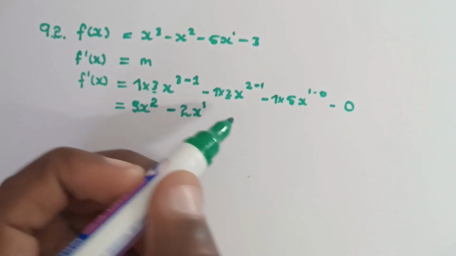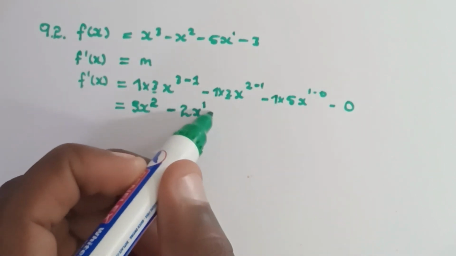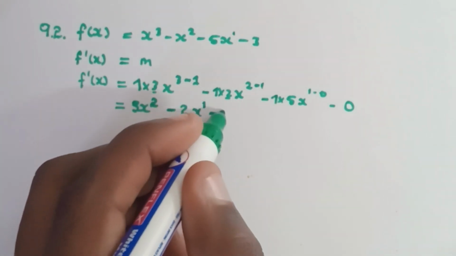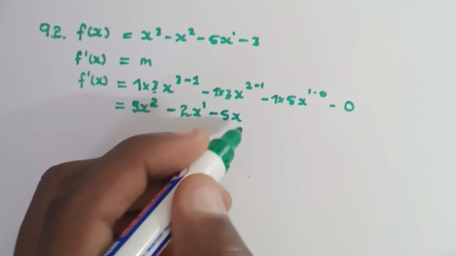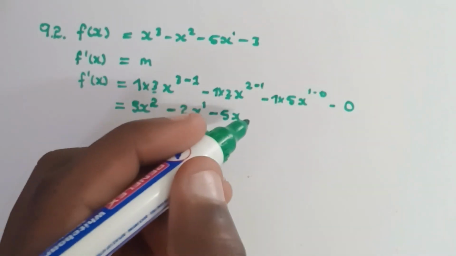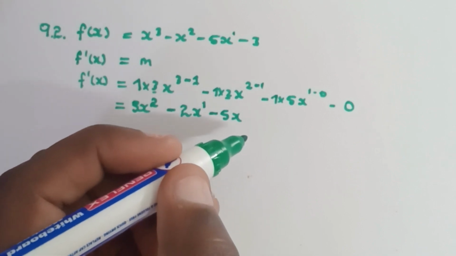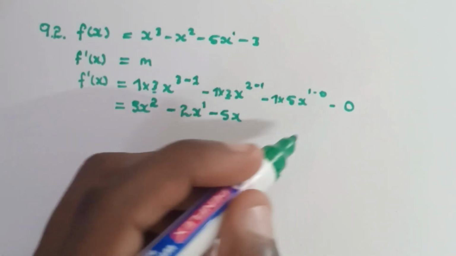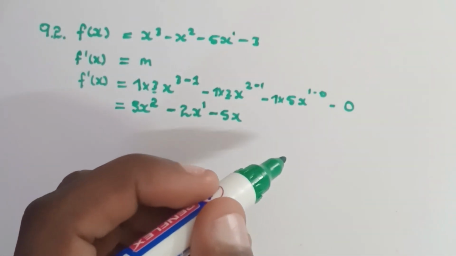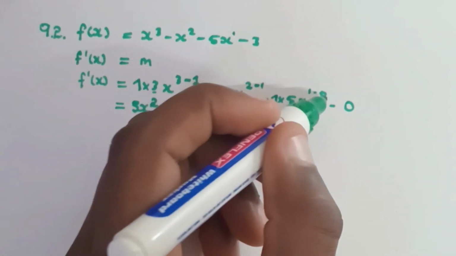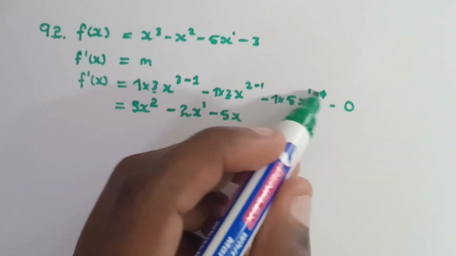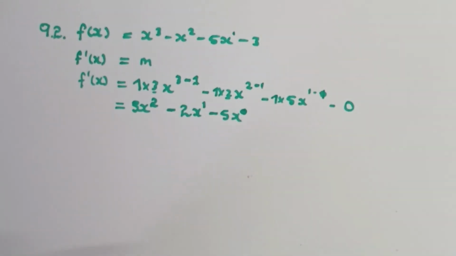So now here, negative 1 times 5 is negative 5x, and then 1 minus 1, I'm sorry for that, 1 minus 1 is 0.